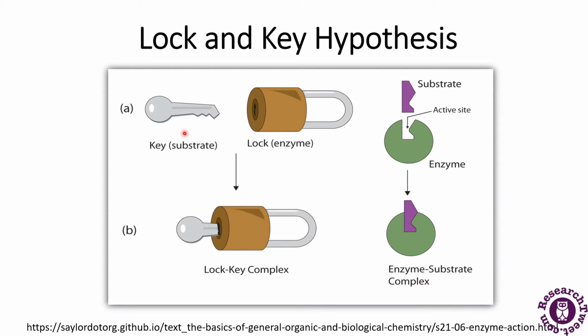In the first step, the enzyme molecule and the substrate molecule collide and react to form an intermediate compound which is called the enzyme substrate complex. So this is the first step in which the enzyme substrate complex has been formed. Once the enzyme substrate complex is formed, the enzyme is able to catalyze the formation of the product when it is released from the enzyme surface.